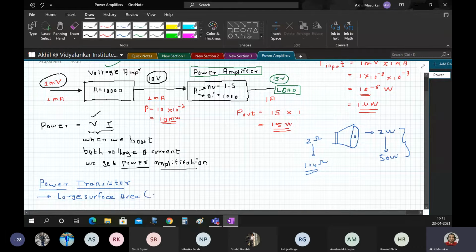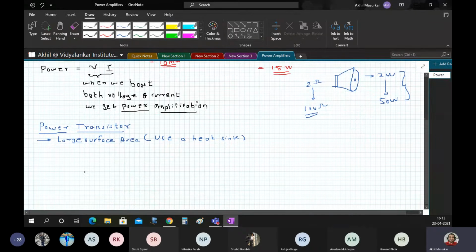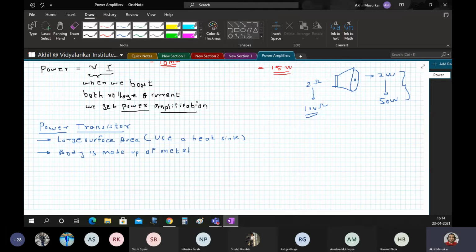Generally they will use a heat sink. So the transistor is connected to a heat sink, and then the body is also made up of metal, because you know that metal can conduct heat, and it can facilitate the transfer of heat from one place to another.